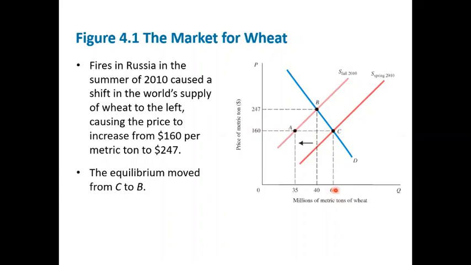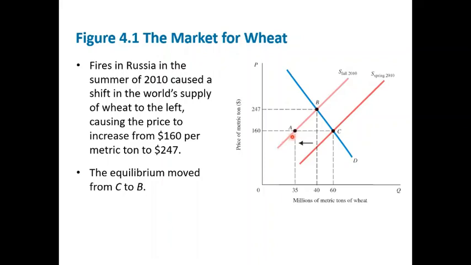Now, in the summer of 2010, there were fires that destroyed a bunch of the wheat crop. As a result, a bunch of farmers left the market. They went out of business. So, as you remember from micro, if the number of suppliers goes down, then here we go, supply curve shifts to the left.